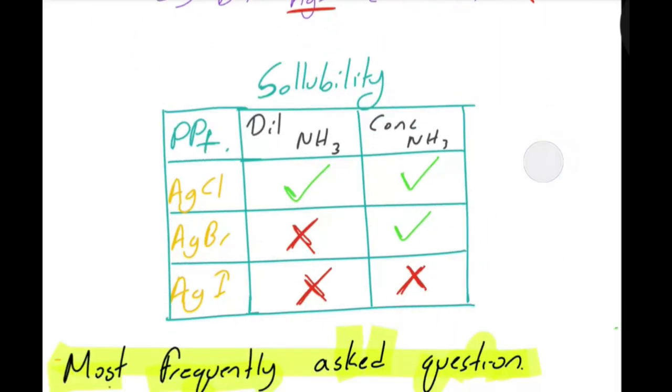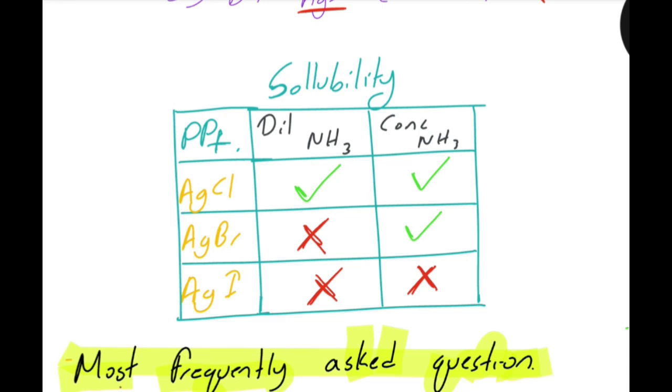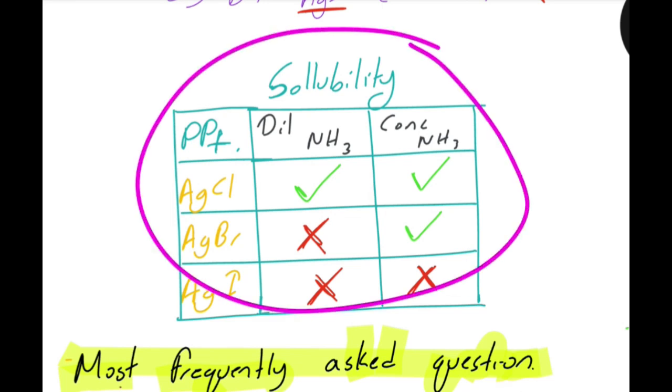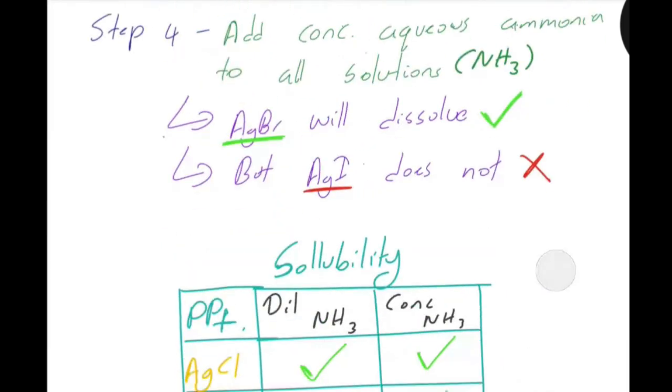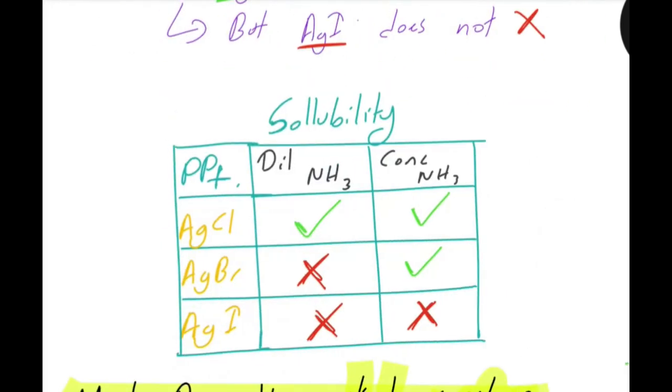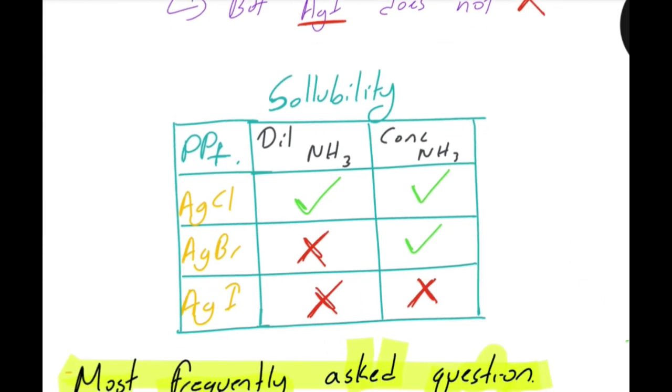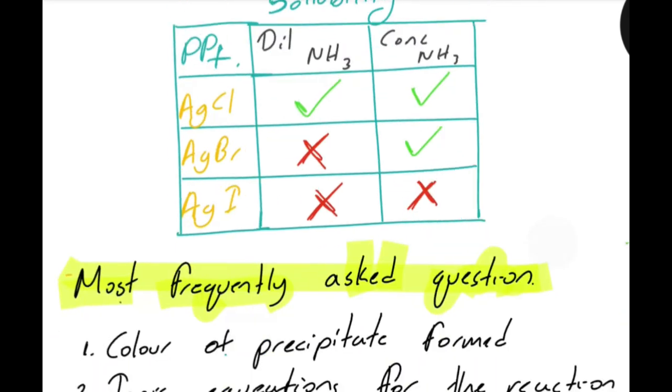Right. Okay, I've given a solubility graph here. You can get a more detailed idea about step 3, adding ammonia to identify the halide ion, from this graph. So refer to this graph before you go for the exam.